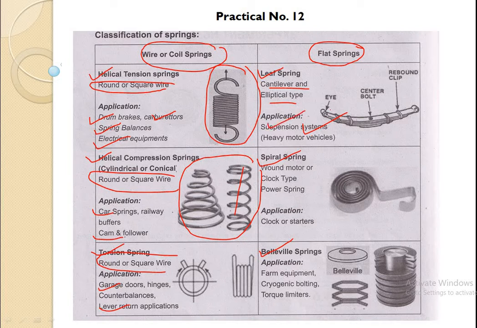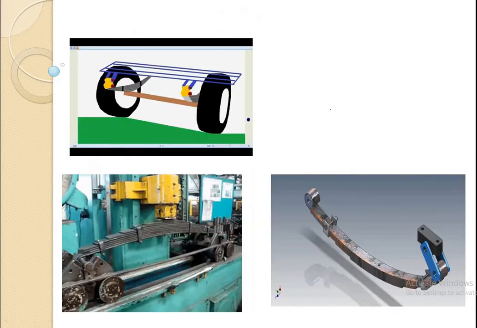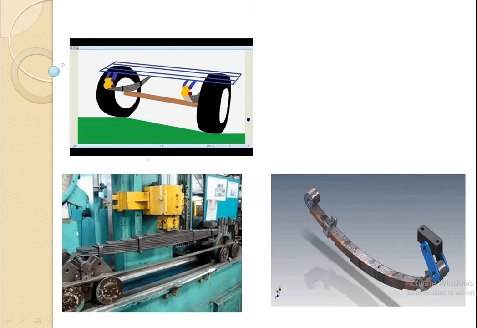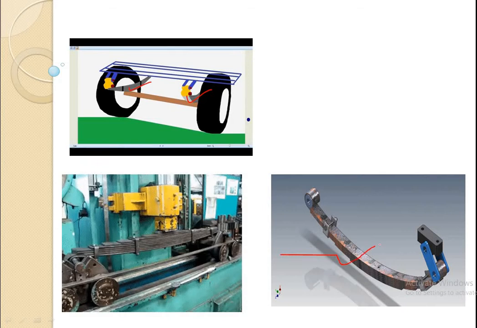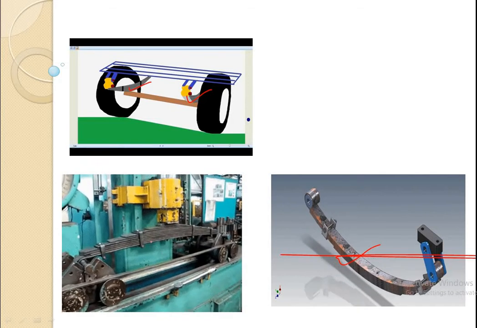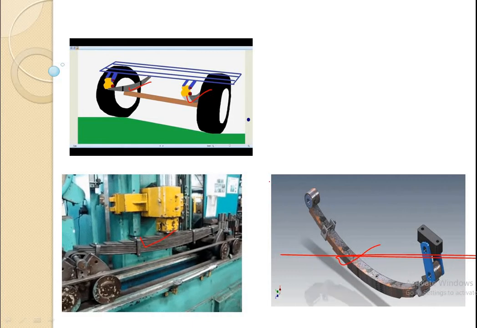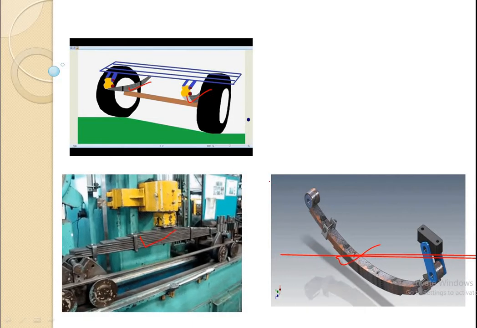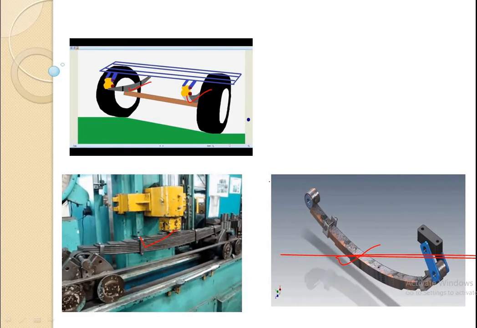Applications of the leaf spring are the suspension systems. Many times we have seen the suspension system. Now these are the leaf springs which are used in the suspension systems. How do the leaves undergo a force, how do they absorb the shocks, how do they absorb the load?